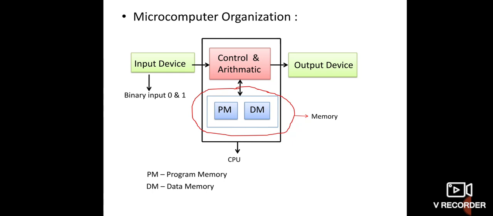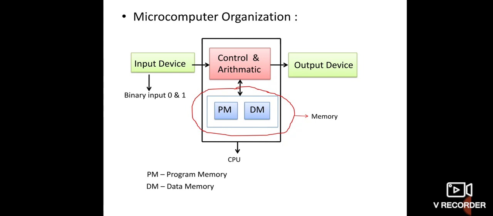What is the basic difference between microcomputer and microprocessor? Microcomputer is a small size computer, while microprocessor is one of the blocks required in a microcomputer system. Means microprocessor is the CPU part of the microcomputer system.